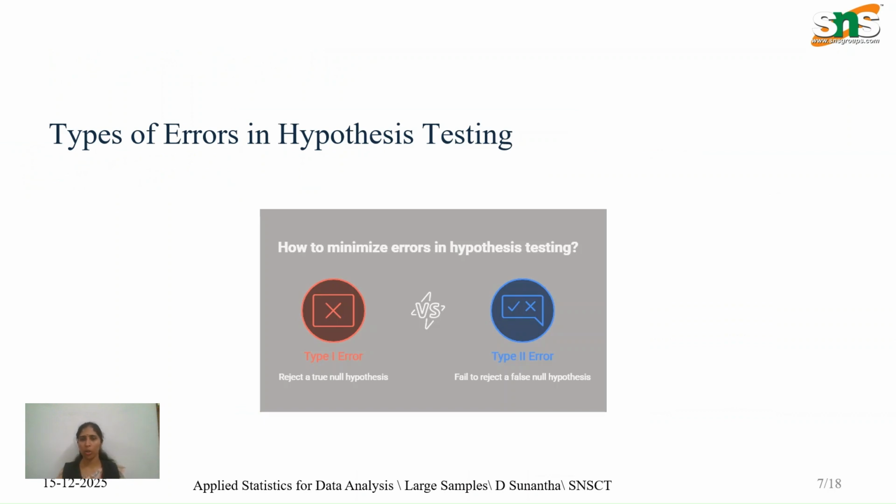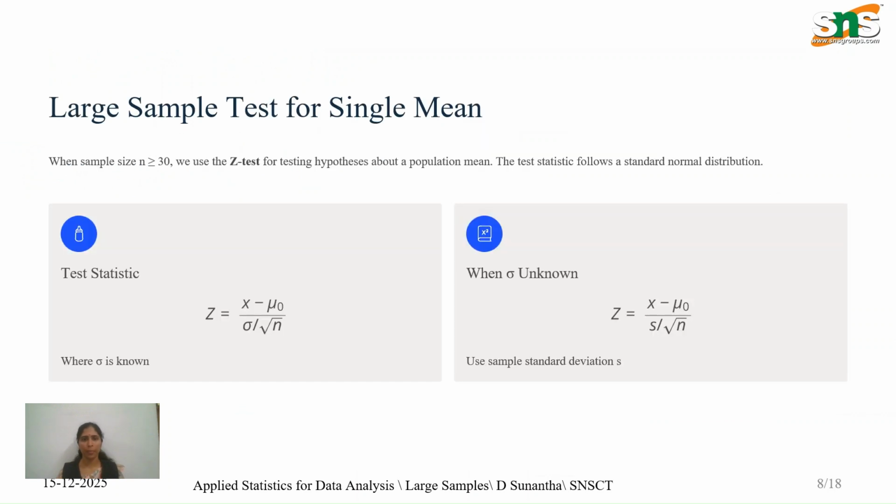Type 1 error is also known as alpha error, in which the null hypothesis is rejected when the claim is true. Next, type 2 error, this is also known as beta error. This is when the null hypothesis is accepted when the claim is false. Next comes the test statistic part, that is the testing of the data against the claim.